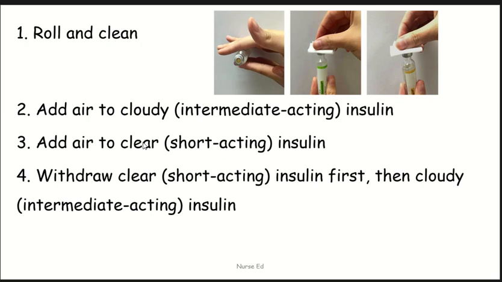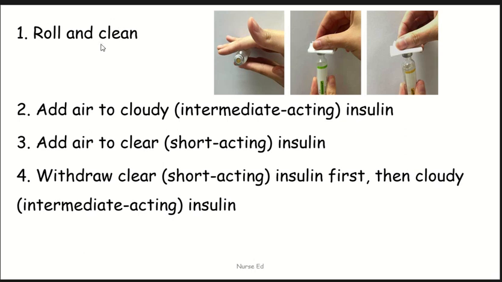Why? Always remember, regular insulin or Actrapid is a clear insulin, and NPH and other insulins are cloudy. If you load the cloudy one first and then load regular, you are actually contaminating the regular insulin. The clear insulin cannot contaminate the cloudy one, right?